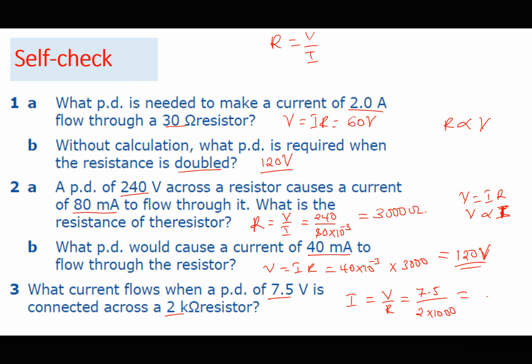So I'll just press my calculator. 7.5 divided by 2 times 1000. So the current is going to be 3.75 times 10 to the power of minus 3 amperes.